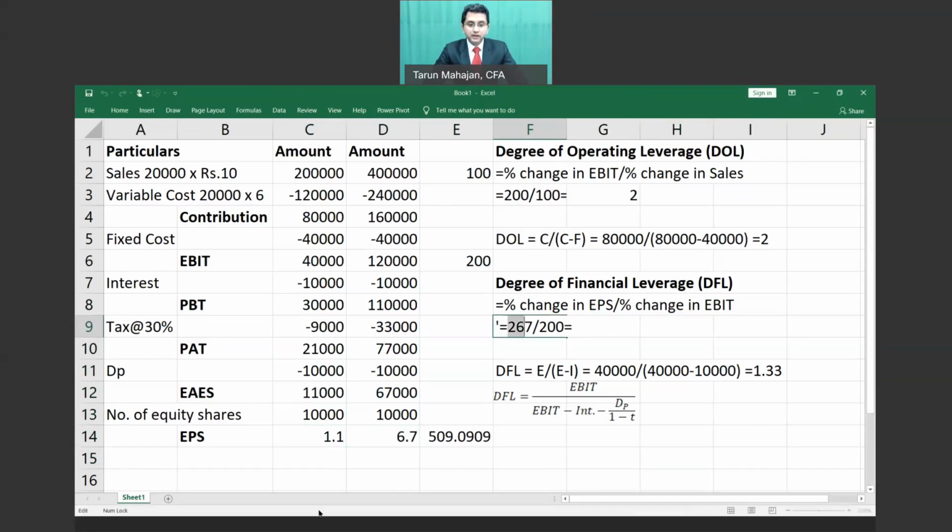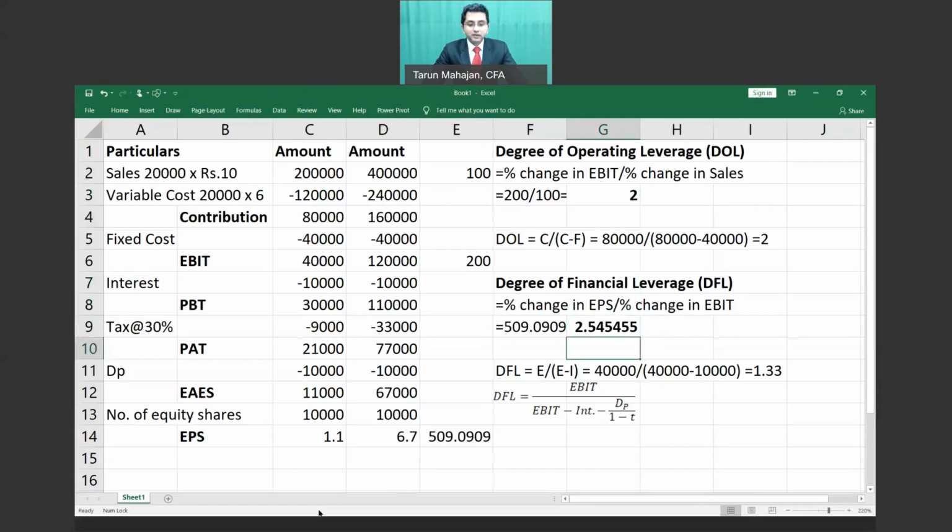So I'll have to put it like this, 509.0909. And then I will calculate DFL, and DFL will be 2.54.